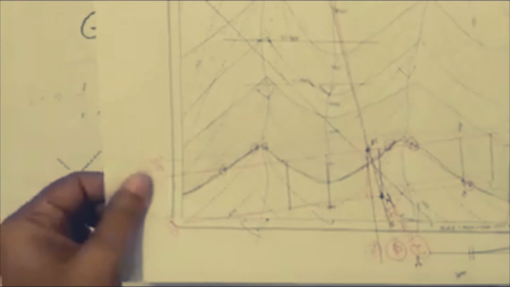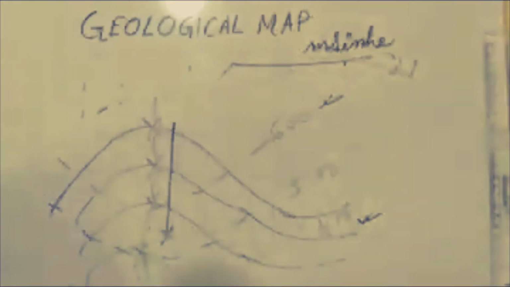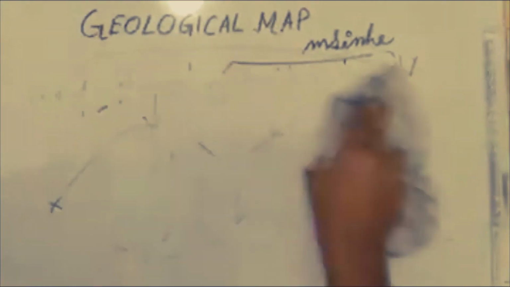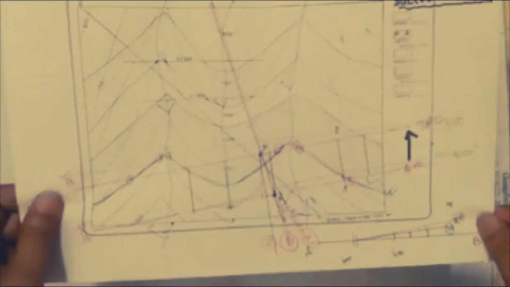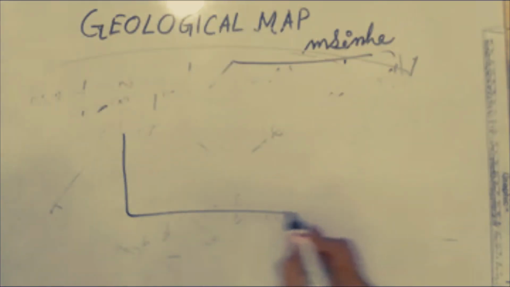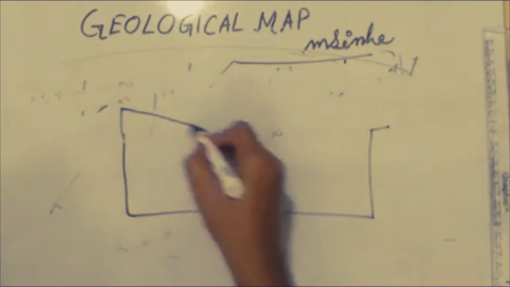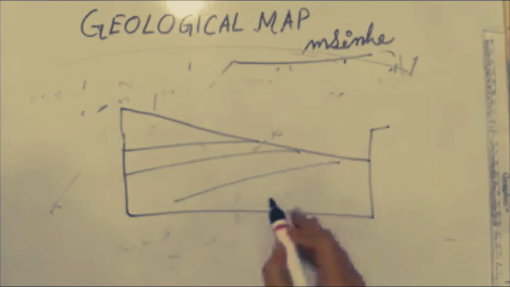So from that geological map you can also get the information of surface runoff. The third thing is very important. I think most of the students have plotted this map, and it looks like this. The landform is this, and the beds look like that.